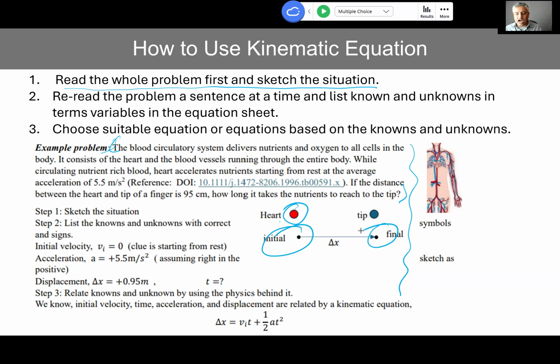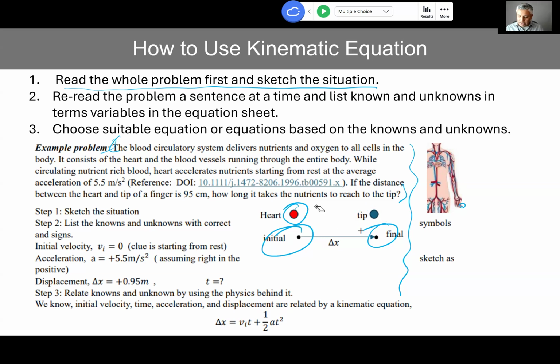It starts from the heart, that's what this problem says, and goes to the fingertip. So we are keeping track of the motion of blood that flows from the heart to the tip of the finger, let's say. And I'm assuming it flows in a straight line, although the motion may be slightly complicated. I'm just simplifying it here. So that's what sketching the situation means.